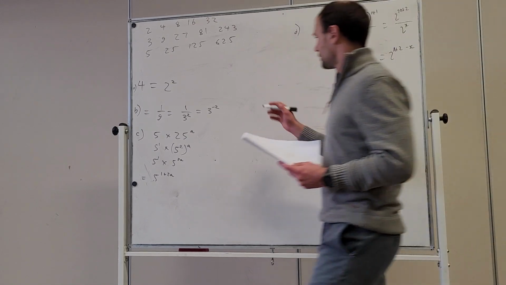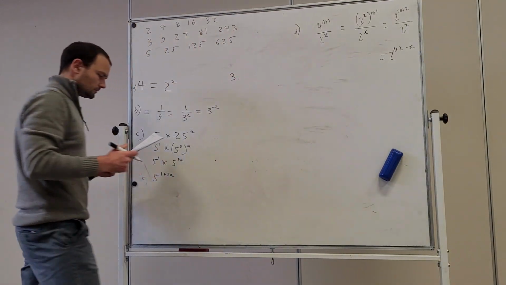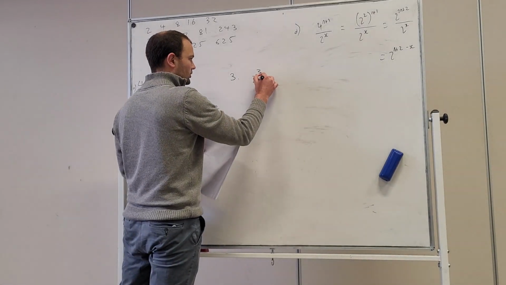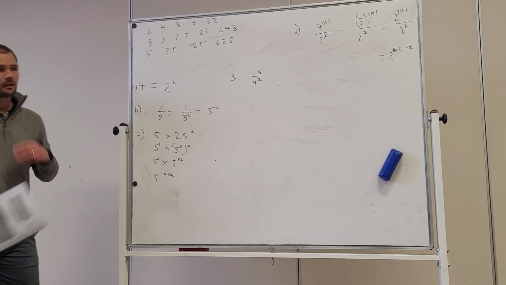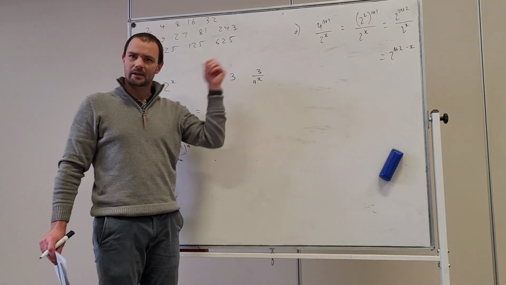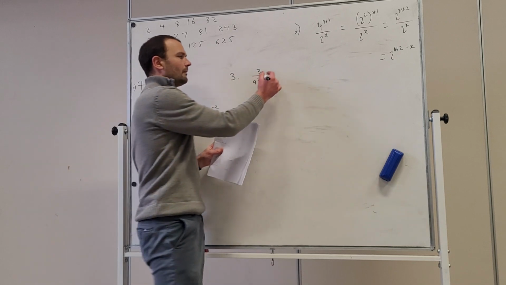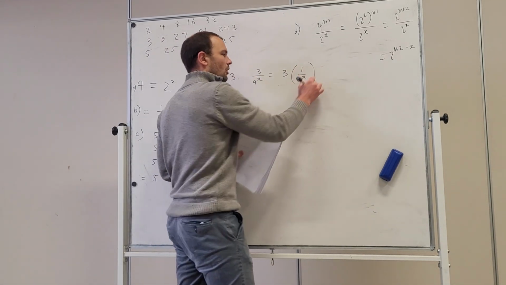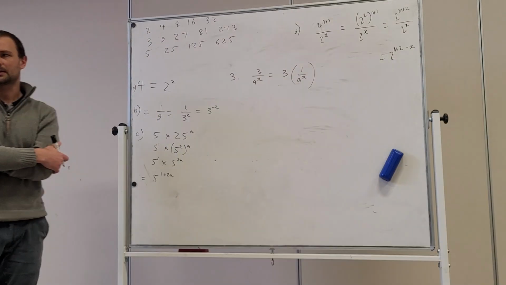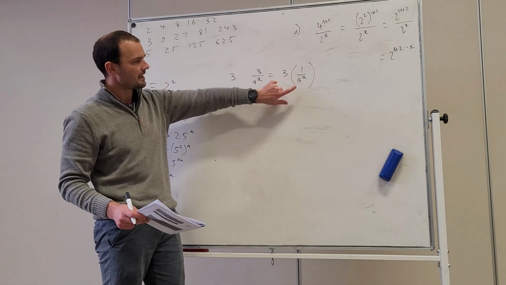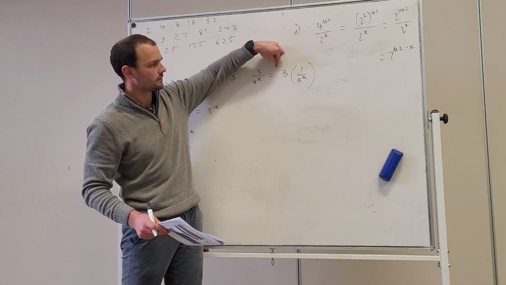All right, on to question 3. Write in non-fractional form. Now, whenever we have something expressed like this, there's lots of ways we can write things mathematically, right? One of them would be like this. We could write it as 3 times 1 on a to the power of x. That's legit, okay? If you're going to expand this fraction, that number goes to the top, right?